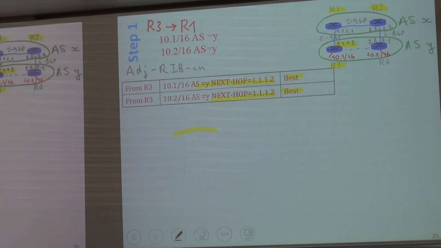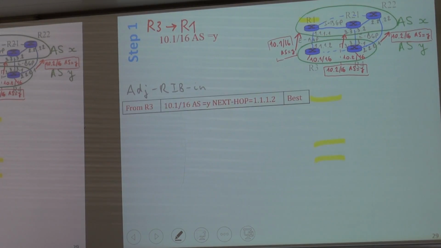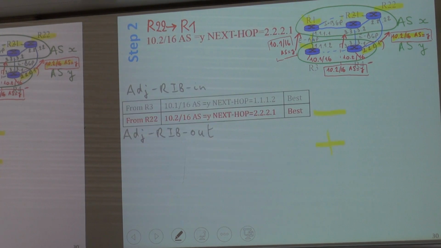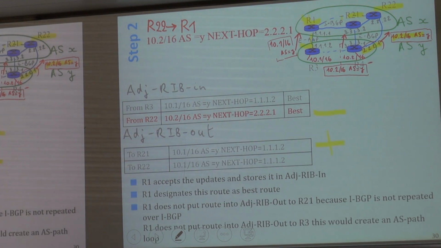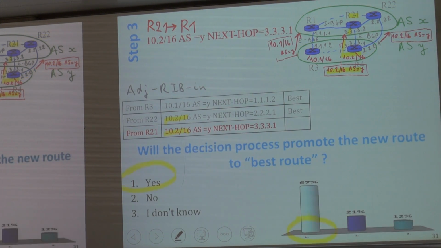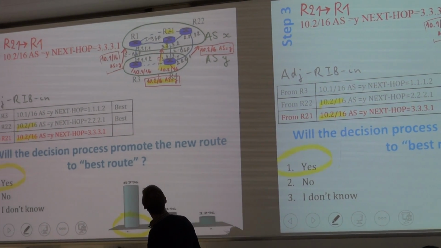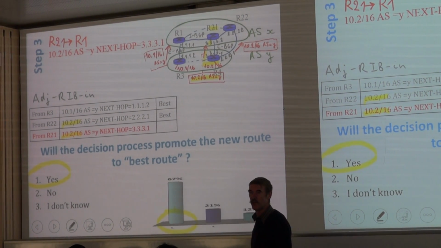What does it mean concretely here? Voila, here we are. The shortest path to next hop is either 3 or 2. We have to look at what happens inside AS X. Inside AS X, there are only two physical links, and then there are the border links. And the cost from R1 to 3 is 2. We go via one router.